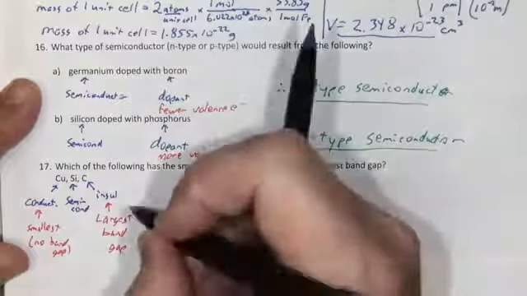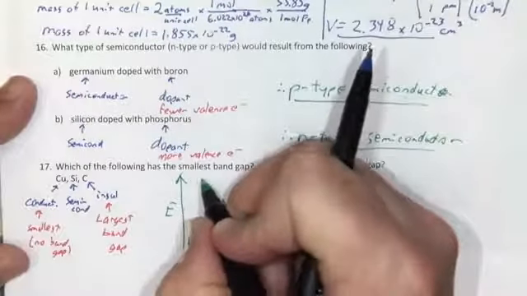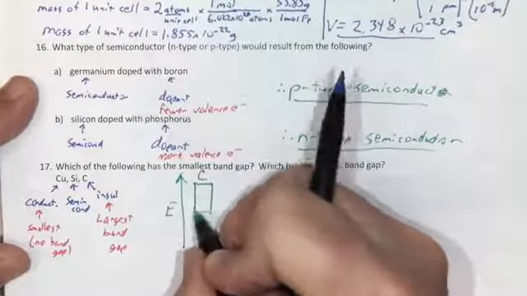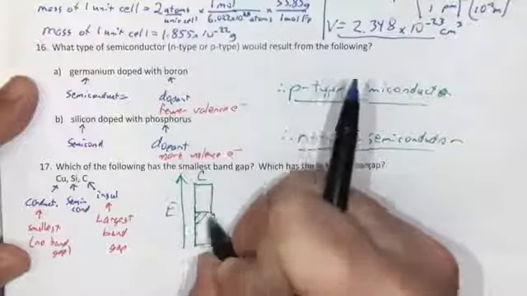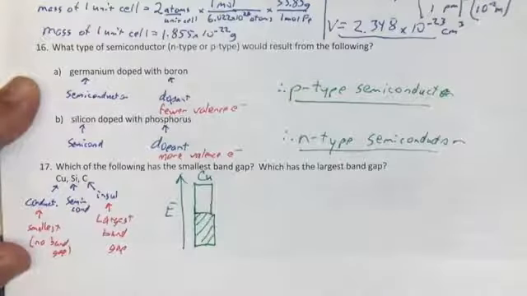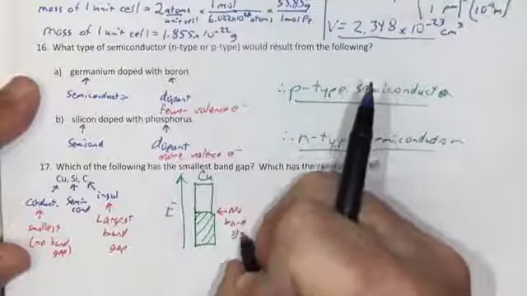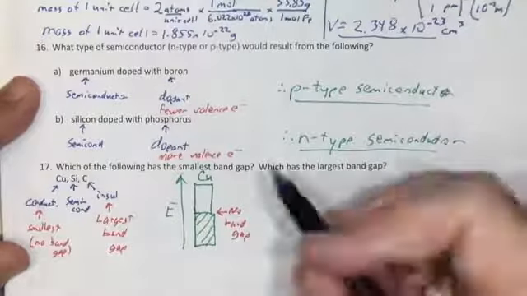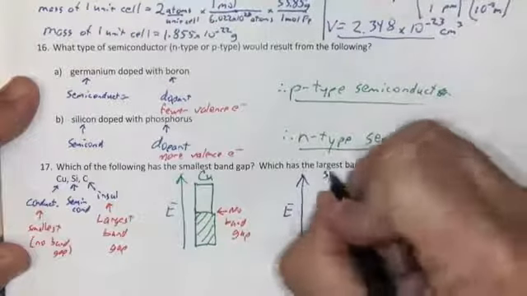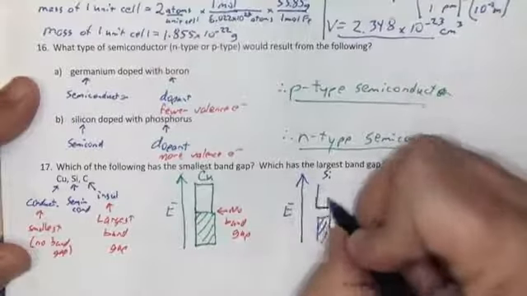So what does that mean? Well, if I draw an energy diagram, and this is copper, here's the conduction band, here's the valence band. They're butted up right next to each other, and there's no band gap. That's what we see with metals, which are conductors. If I were to look at silicon, then there's a small band gap in a semiconductor.